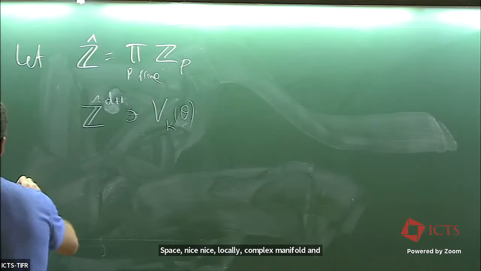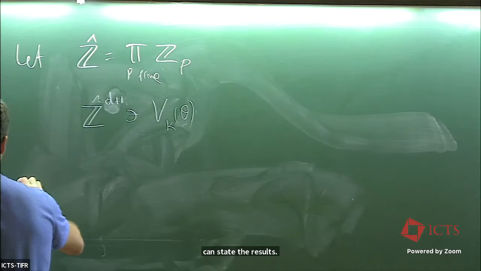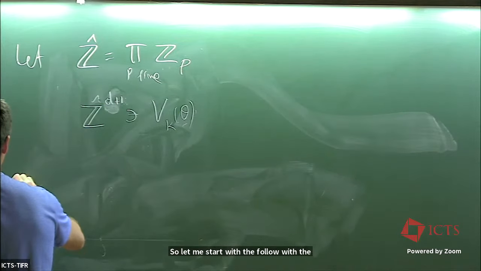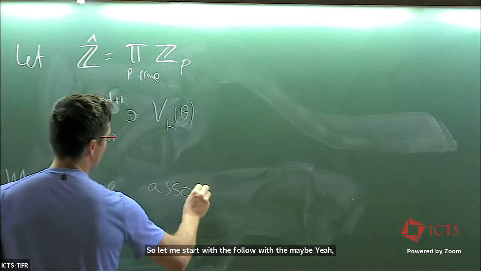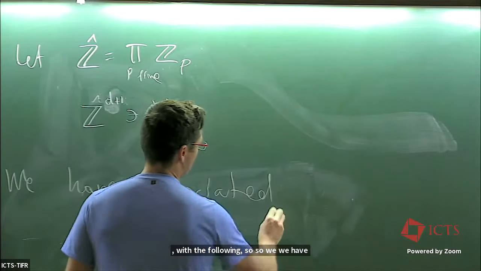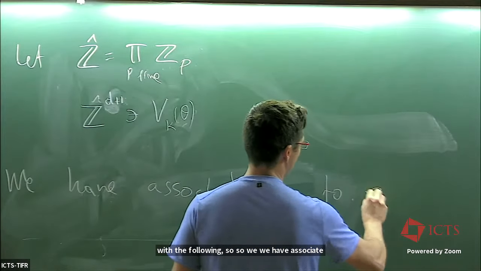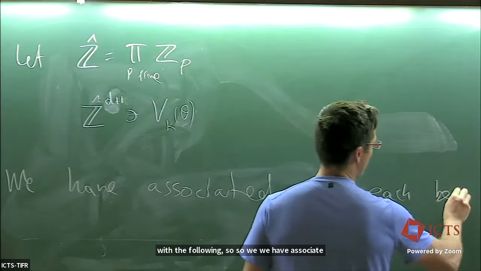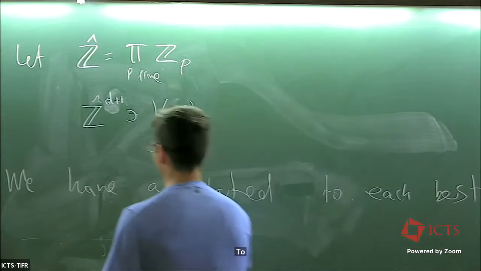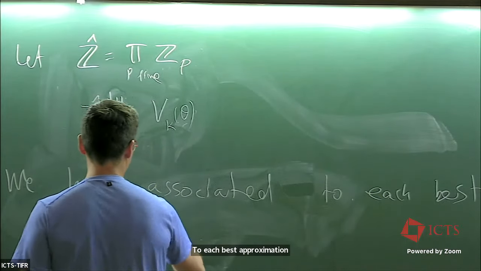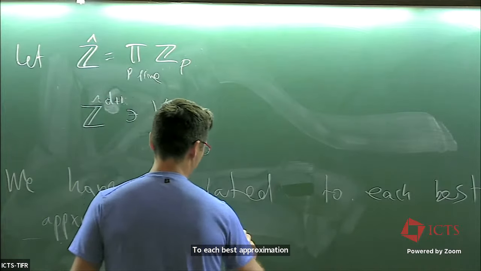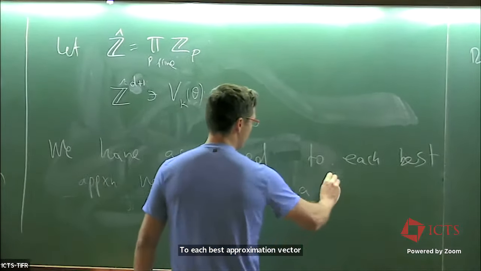So let me start with the following. We have associated to each best approximation vector VK of theta a triple.